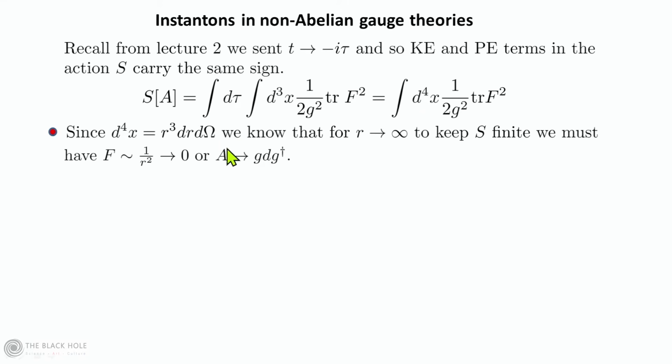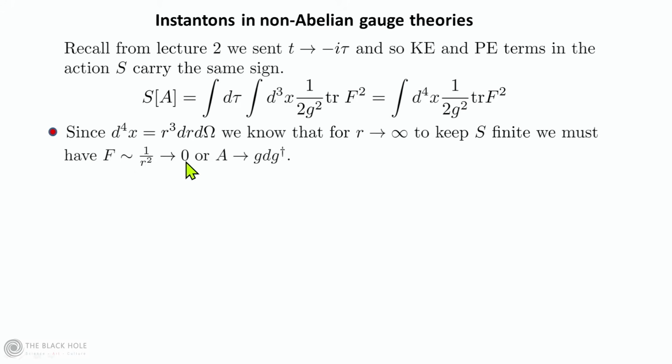So there's a solid angle in 4 dimensions that you need to integrate over. But the important thing is this. Now, if F goes to 0 as 1 over r squared, that means I'll have dr over r, which is logarithmic, which means that it's got to go to 0 slightly faster than 1 over r squared in order to give a finite action.